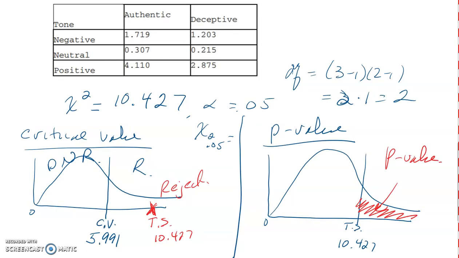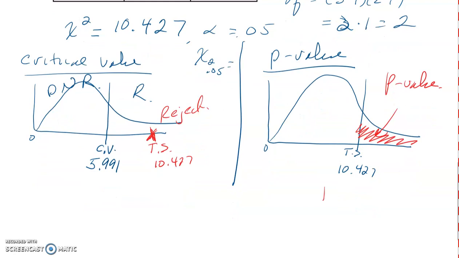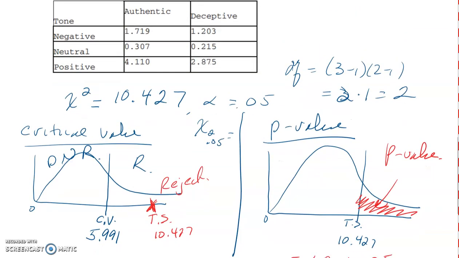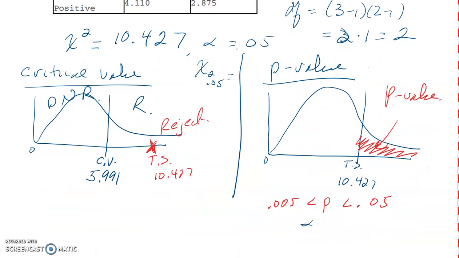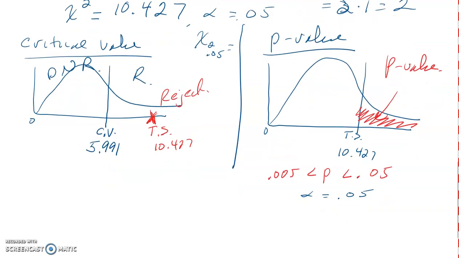That's what you're going to put for your p-value. We know that alpha equals 0.05. I wrote a 1 there by mistake, sorry about that. Alpha was 0.05, and clearly p is smaller than alpha, which also, of course, leads us to reject.